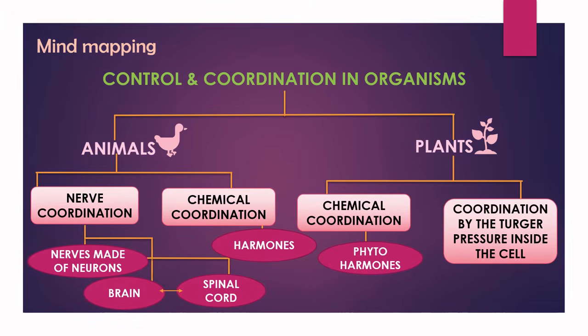Now coming to mind mapping or conceptual mapping. The teachers should prepare the conceptual maps for the whole chapter. This map can give us a thorough idea of the contents present in this chapter, and the serial order to be followed for the completion of the chapter.